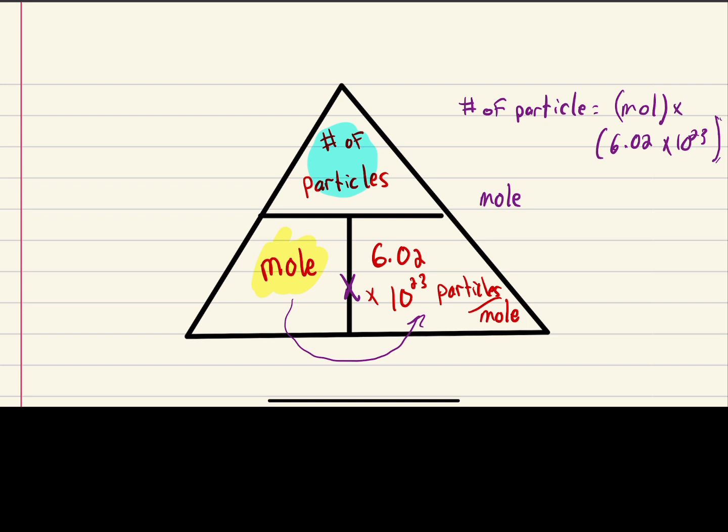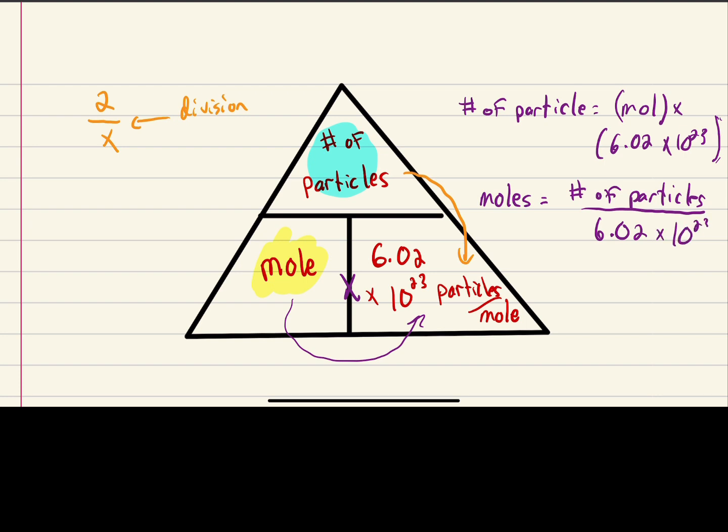In this case, I have number of particles over 6.02 times 10 to the 23. In math, whenever something is above something, for example 2 over x, that fraction sign indicates division. So the moles of a substance are the number of particles divided by the constant of 6.02 times 10 to the 23.